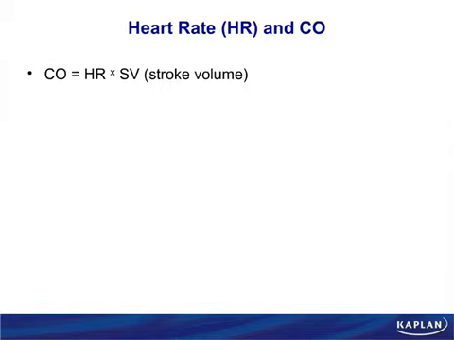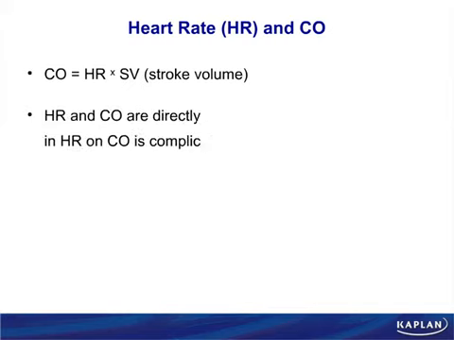Now, what we're going to discuss are these 4 factors that determine cardiac output and how they work. Cardiac output is heart rate times stroke volume. So it makes sense that heart rate is going to impact cardiac output because it's one of the 2 factors determining cardiac output. In general, heart rate and cardiac output are directly related.